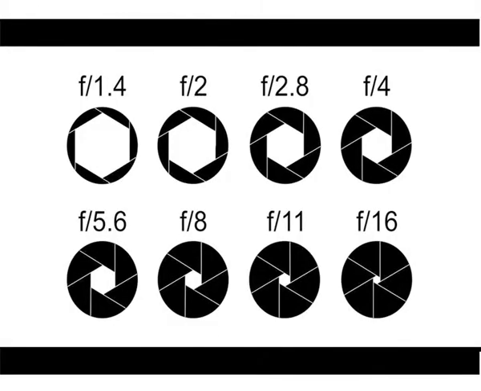Controlling exposure using aperture, shutter speed and ISO. The aperture of a camera is located behind the glass lens of a camera. This is an adjustable iris diaphragm behind the lens that determines the size of the hole that allows the light into the camera.